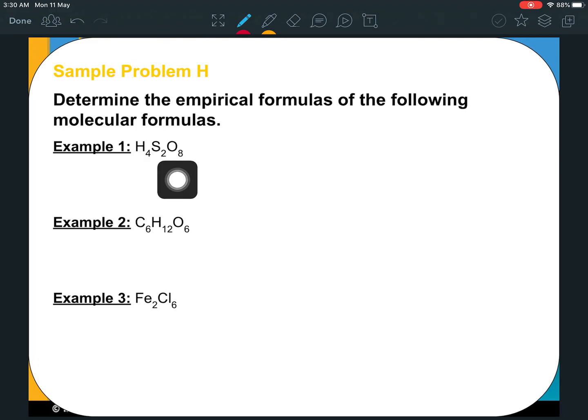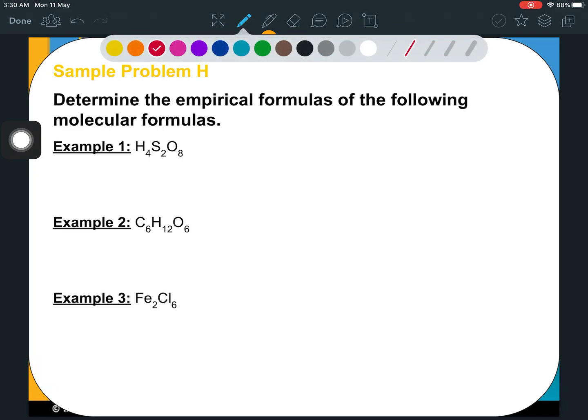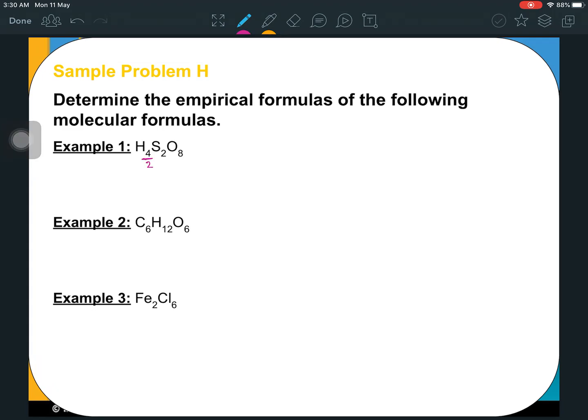So I can see here that 4, 2, and 8 can all be divided by 2 to give me a simpler number. So let's divide this by 2, and this by 2, and this by 2. That would give me H2S1O4.